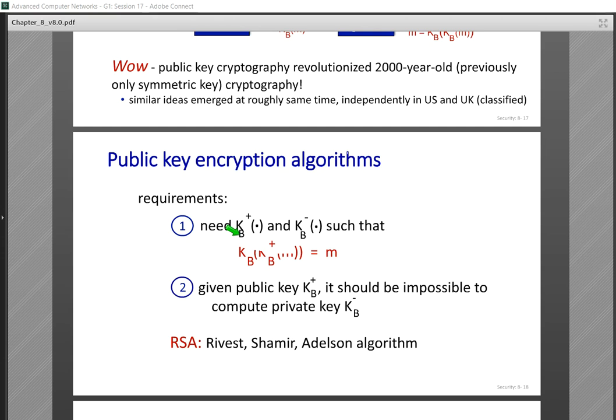Encrypting with the public one, decrypting by the private one. It's not important which of them we use. But the main point is this: if I encrypt a message by one of those keys, I have to decrypt it by the other key. This is the basis of public key algorithms.